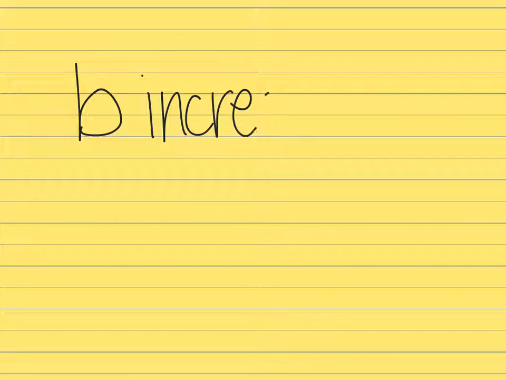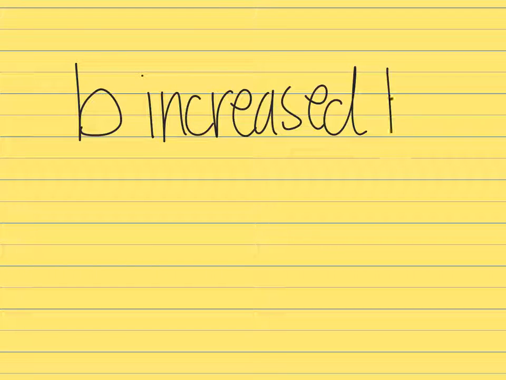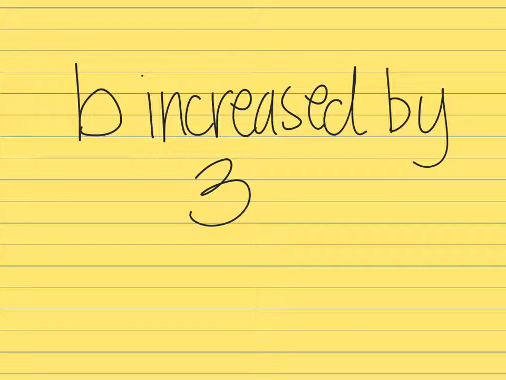Now, in today's lesson, 1.1, Expressions and Variables, we're going to practice translating each phrase into an algebraic expression, and then we're going to change an expression back into words. So, let's say, for example, we have this phrase, B increased by 3.